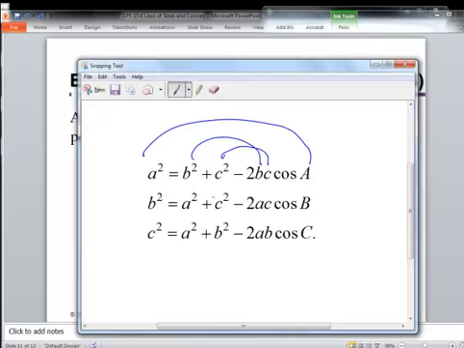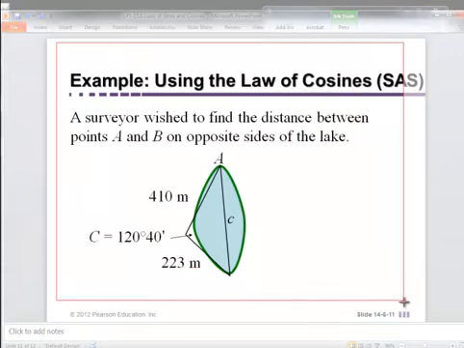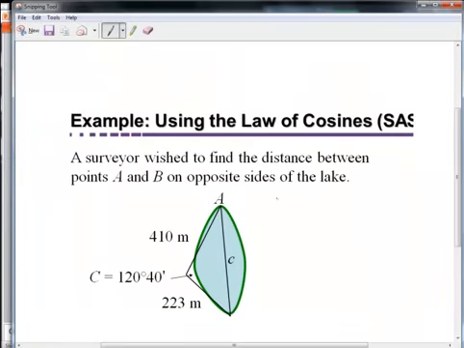So I'm going to write out the math here. C squared, or in other words C, will be the square root of A squared, which is 223.